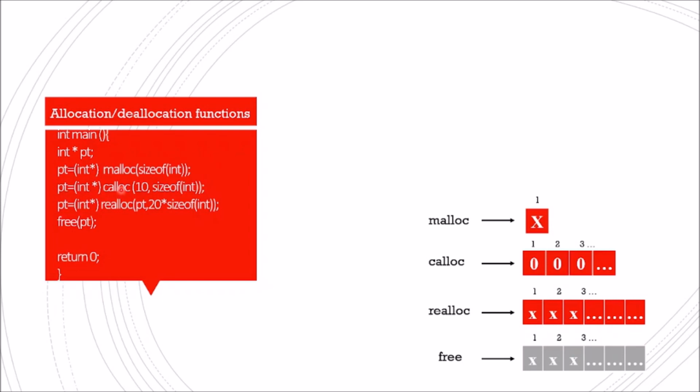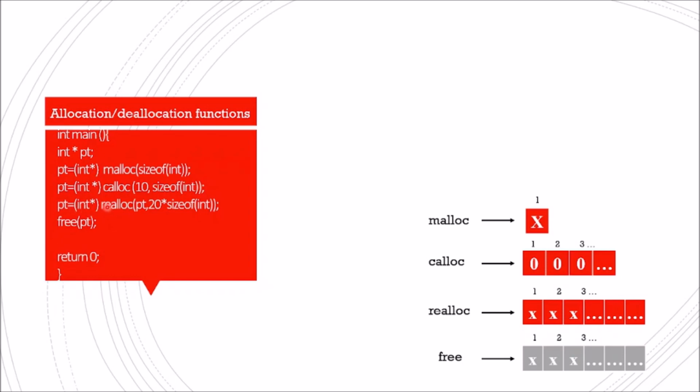Now we are going to allocate 10 integers. So for that purpose, we will use calloc. Remember that calloc needs two arguments. So the number of elements that we need, in this case 10, and then size of the data type, in this case integer. Okay, so get me 10 spaces for integers. And remember, we cast it to pointer to integer here. And now we are going to resize that pt memory block.